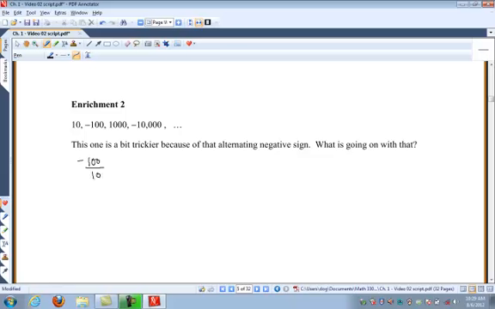Negative 100 divided by 10 is negative 10. 1,000 divided by negative 100 equals negative 10. Negative 10,000 divided by 1,000 equals negative 10.